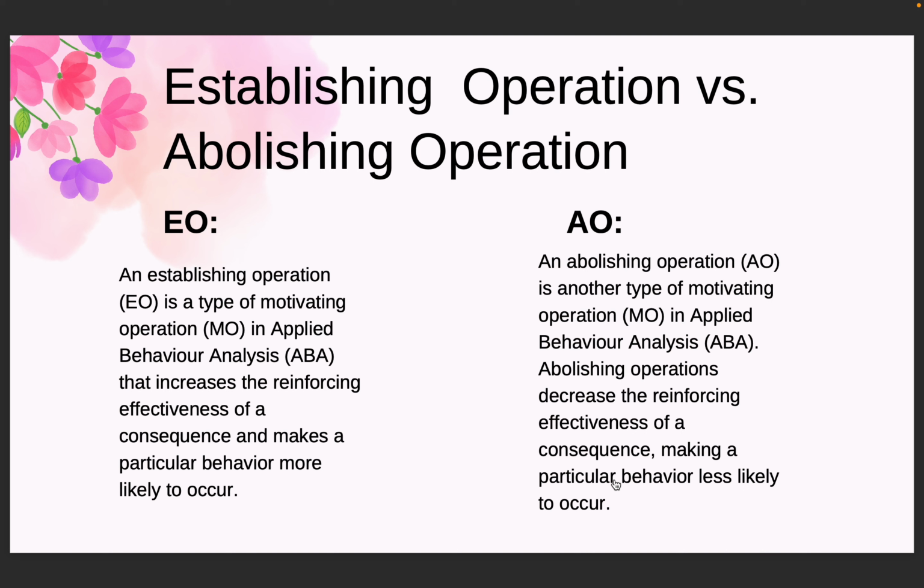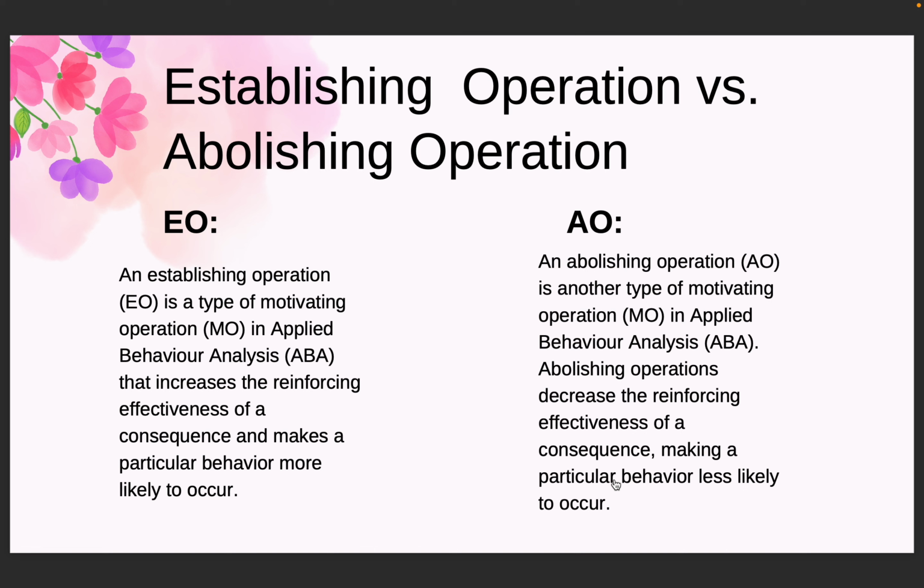When we are deprived of something, the value of it increases, which in turn changes our behavior, right? Our behavior then changes to wanting this item that we've been deprived of. So EO increases the value and increases behavior, for the sake of this.